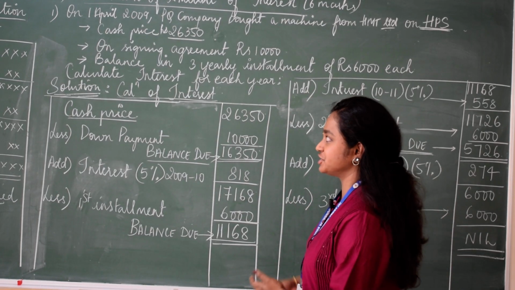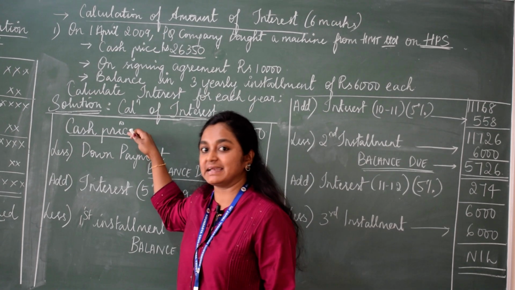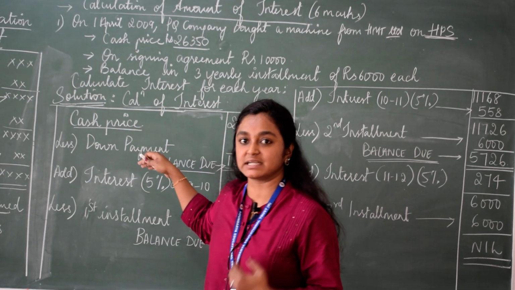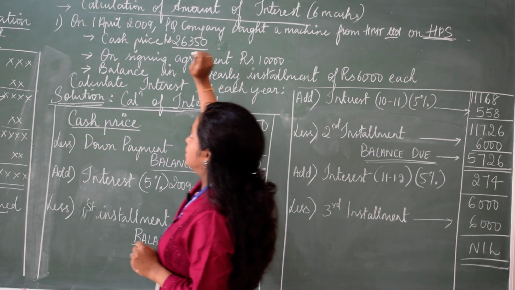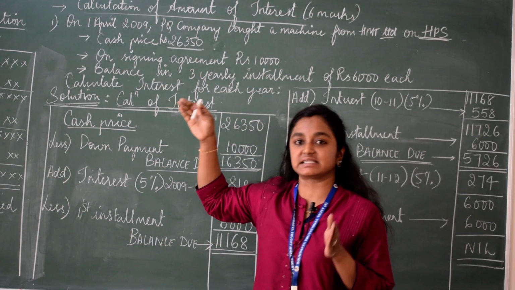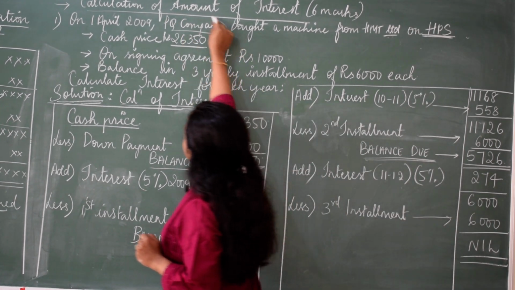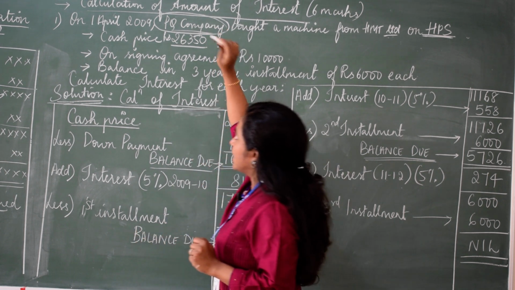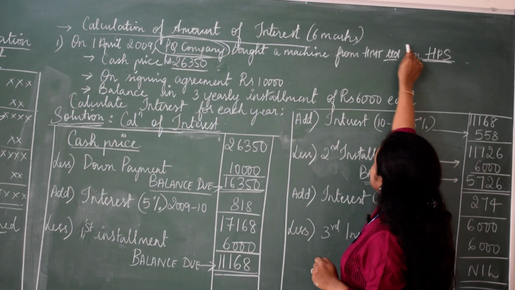Let's see the question on calculation of interest. To start off, let's analyze this question and understand it. They are telling us that on 1st April 2009, this hire purchase agreement has started. PQ company bought a machinery from HMT Limited.